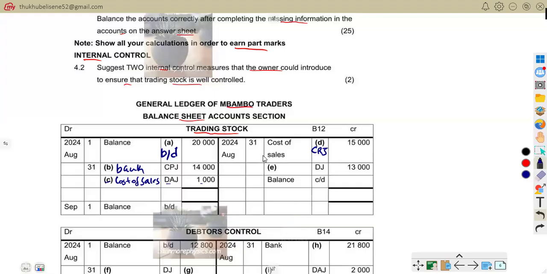The cash receipt journal records cash sales. So when goods are sold for cash, money comes in. So that's why I label CRJ, and the description is cost of sales.